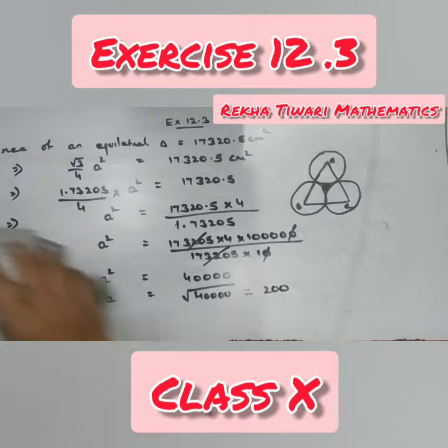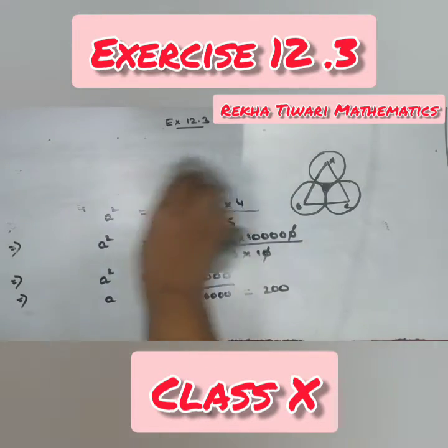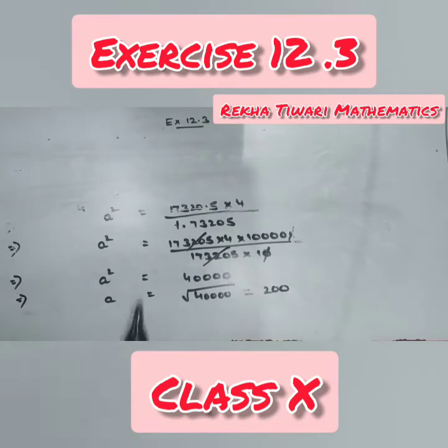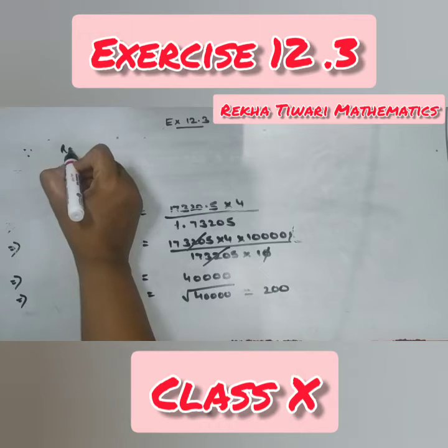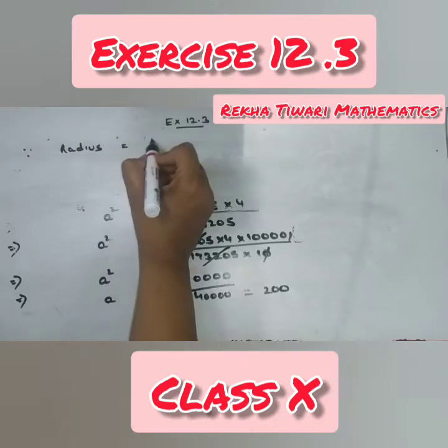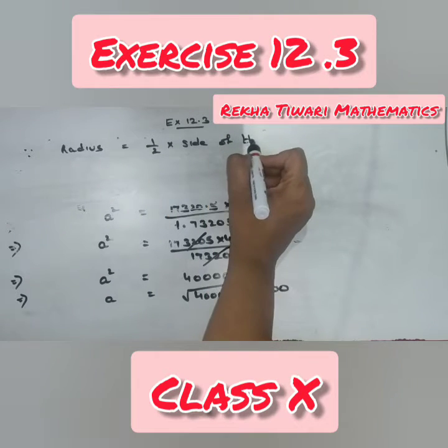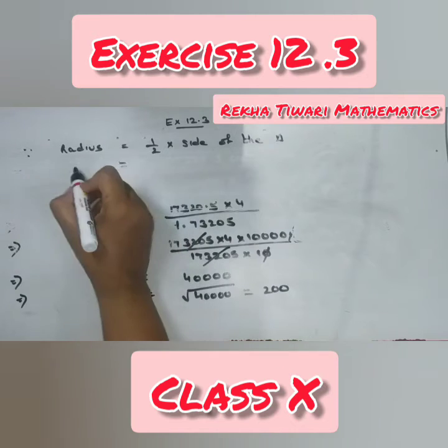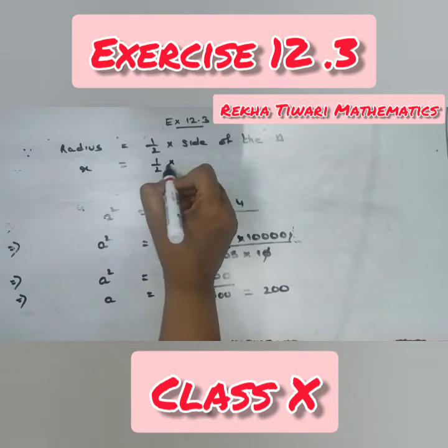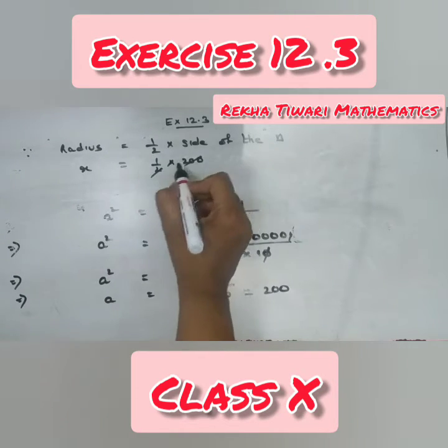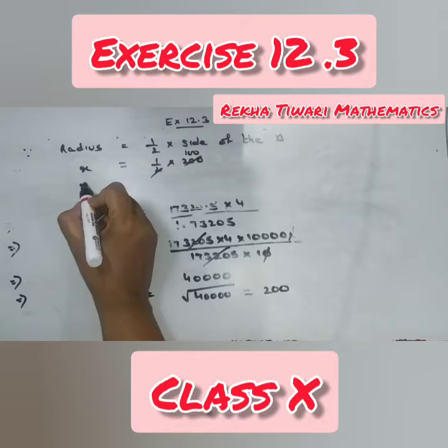And so what is the radius? Radius becomes half of 200. It is given in the question. Now since radius is half into side of the triangle, so R is equal to half into 200, which is equal to 100 centimeter.